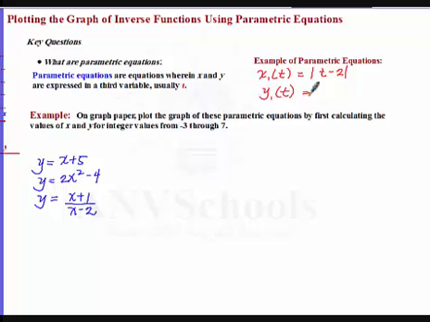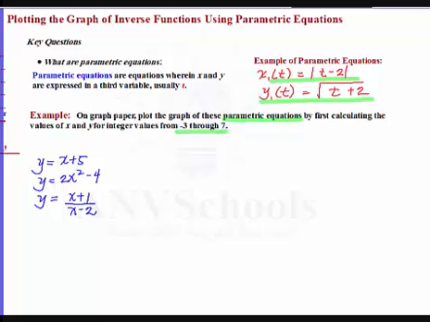And let's say our y1 of t is equal to the square root of t plus 2. So in this example, we are required to plot the graph of these parametric equations, x1 of t and y1 of t, by first calculating the values of x and y for integer values from negative 3 through 7. So we have a given interval here from negative 3 to 7 for the t.